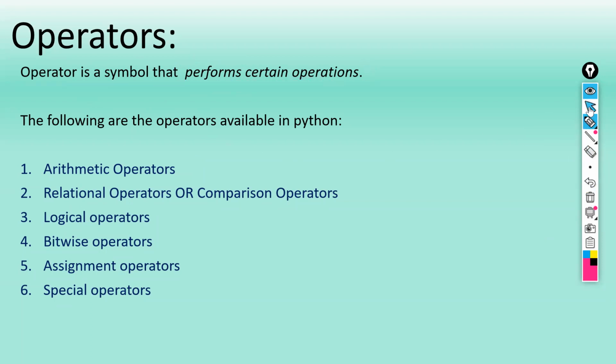So what are the operators available in Python? Arithmetic operators, where we do mathematical operations like addition, subtraction, multiplication; relational operators, which we can also call comparison operators; logical operators, bitwise operators, assignment operators, and special operators.